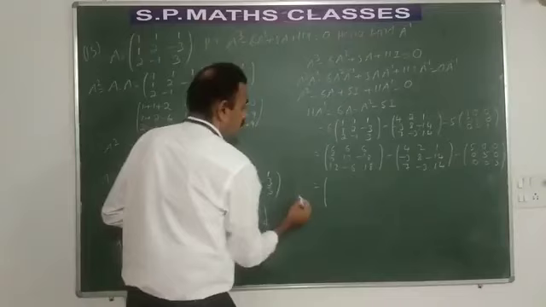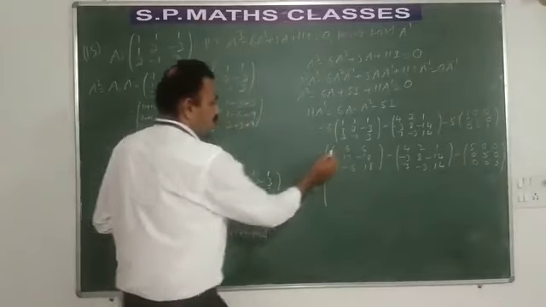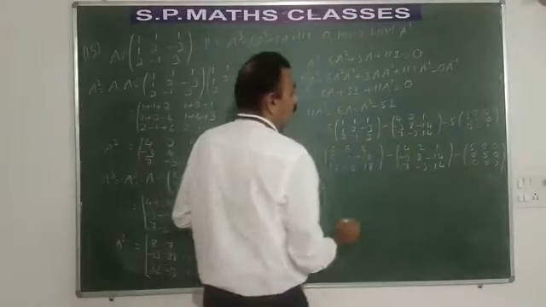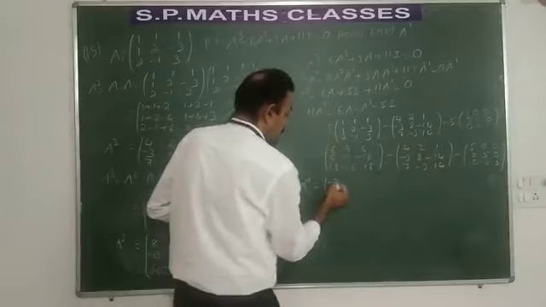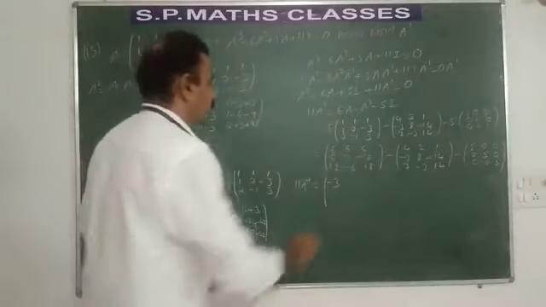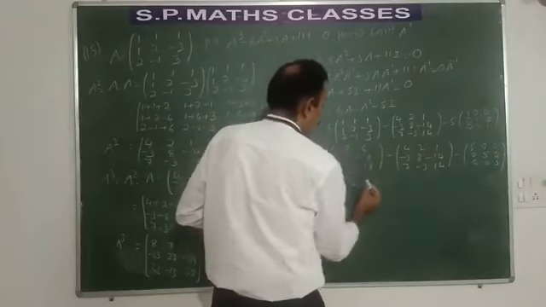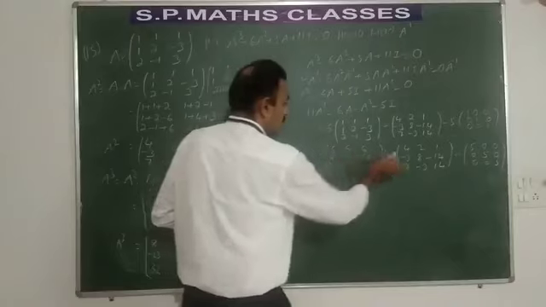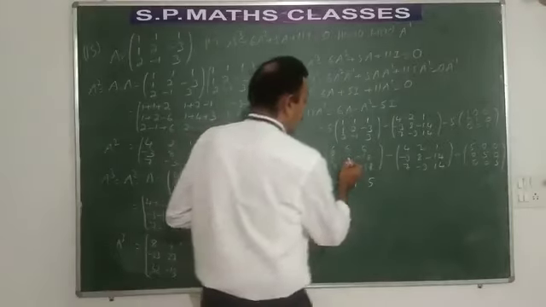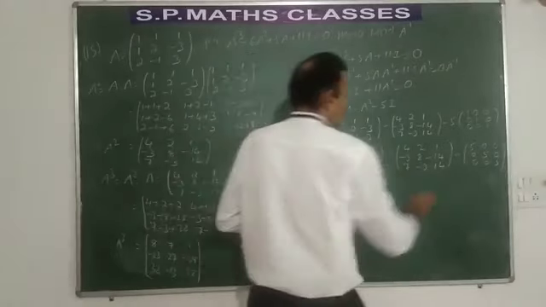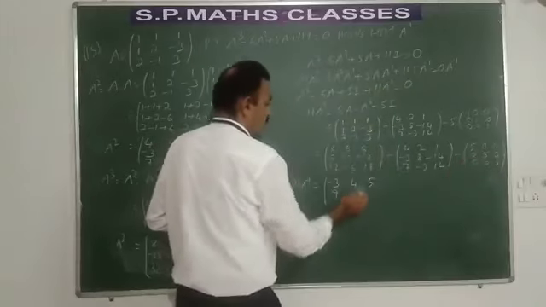We have understood. Simplify now. 6 minus 4, 2. 2 minus 5, it is minus 3. Next, 6 minus 2, 4. 6 minus 1, 5. 6 minus of minus 3, plus 9. 12 minus 8 is 4. 4 minus 5 is minus 1.